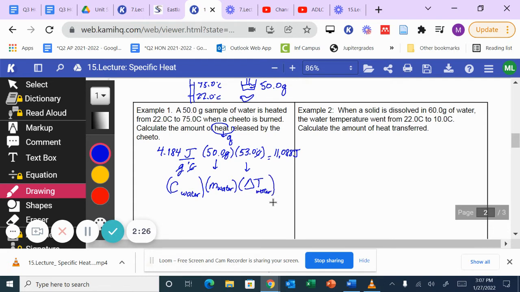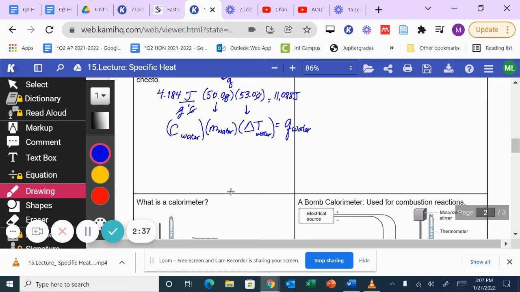The reason I'm writing water here is because these are all for water. The heat that you get is going into the water. So the heat that went into the water, which is positive 11,088 joules, is equal to the heat that left the Cheeto, which is the same amount but negative because it left the Cheeto.